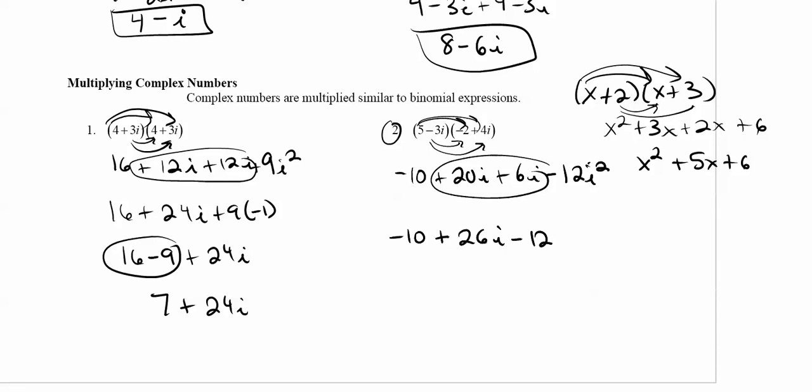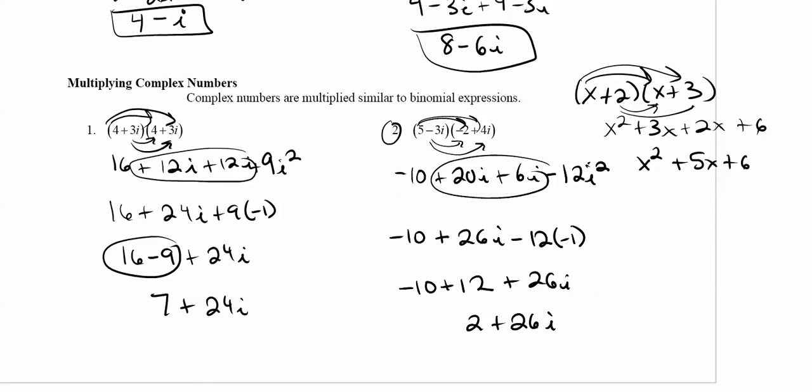In order to combine the negative 10 and the 12, we have to make them like terms by replacing i squared with negative 1. So in that case, we're going to have negative 10 minus, actually that'll be plus 12, and then plus 26i. Well, negative 10 plus 12 will become 2 plus 26i.